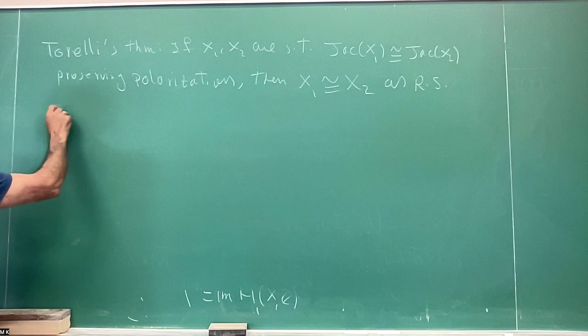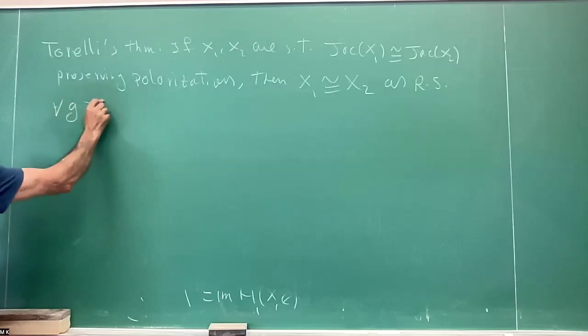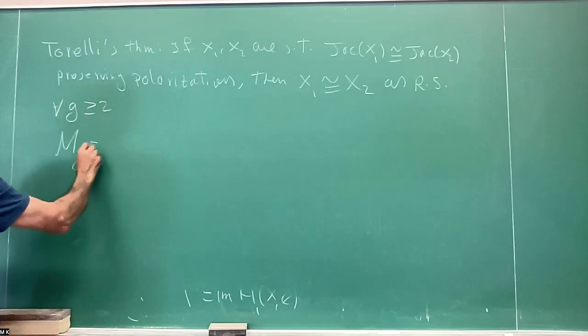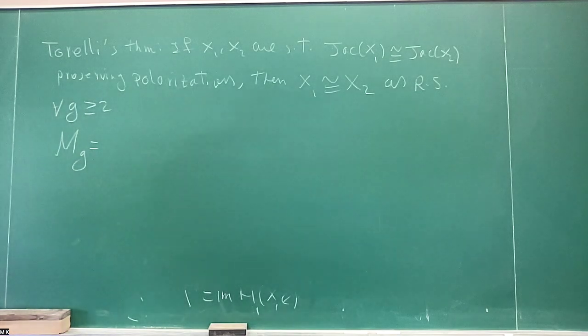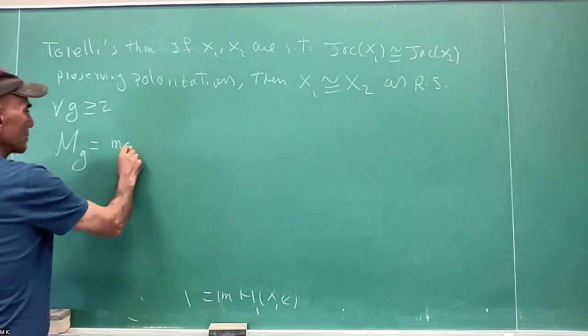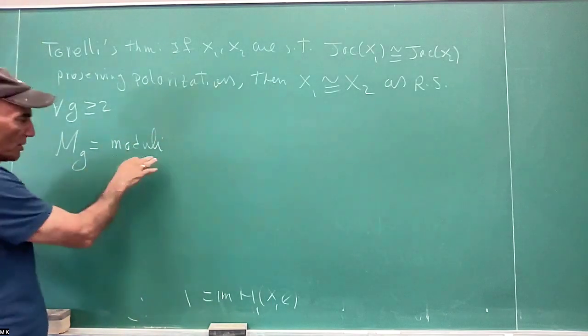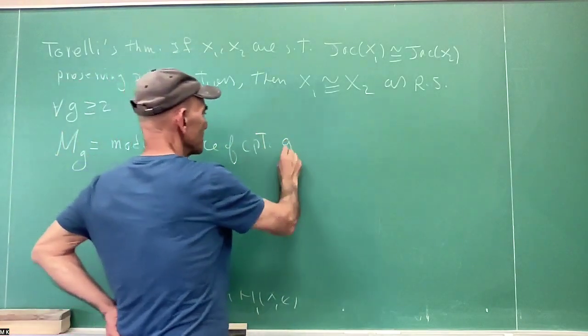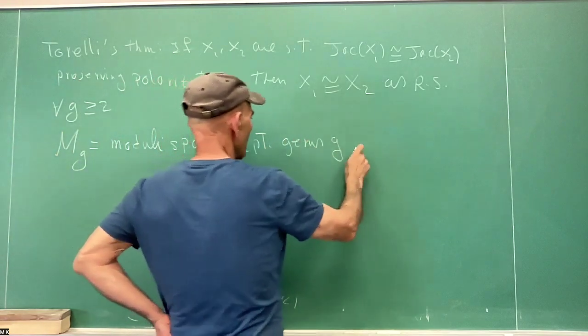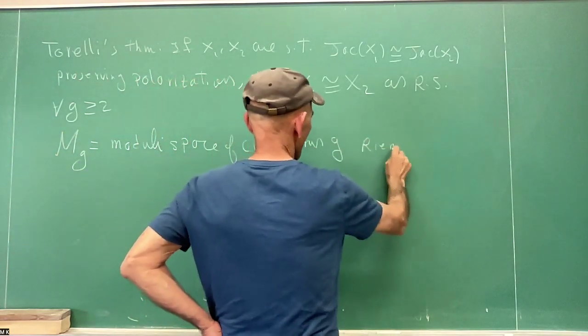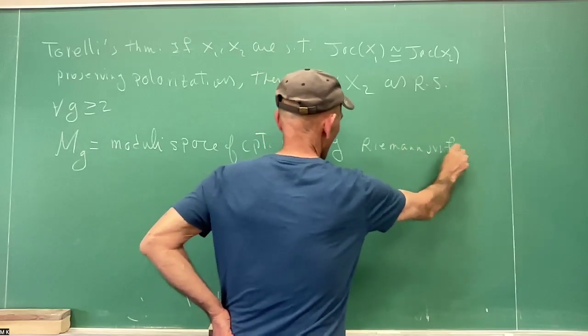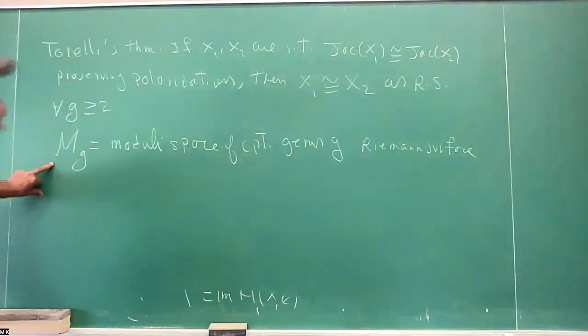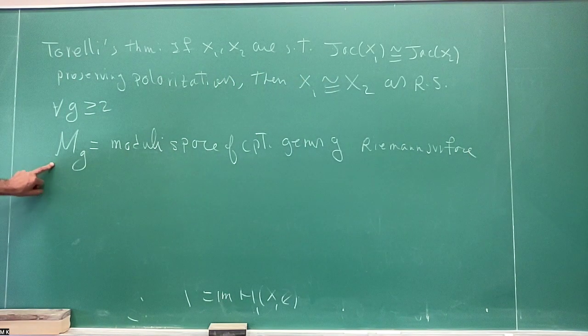So basically for any g, let me take this case. M_g, you can think of M_g as the moduli space of compact genus g Riemann surfaces. I will give you a rough idea of this. This is not difficult. Basically, this is the set of all compact genus g Riemann surfaces up to isomorphism.